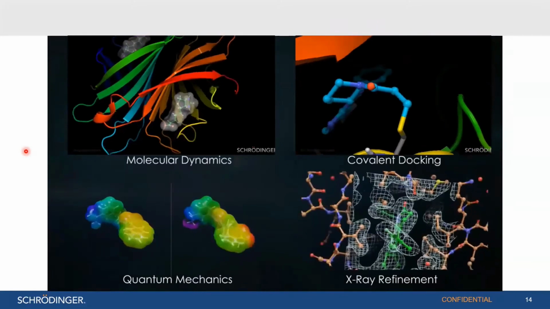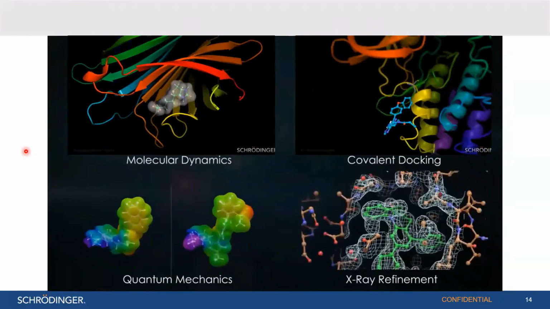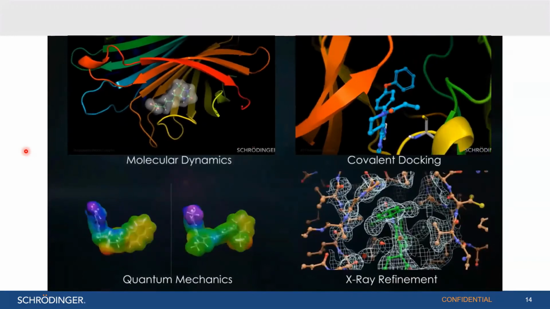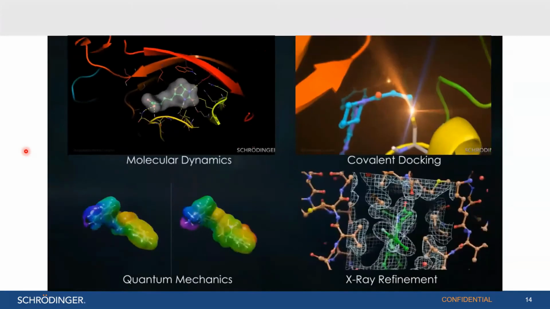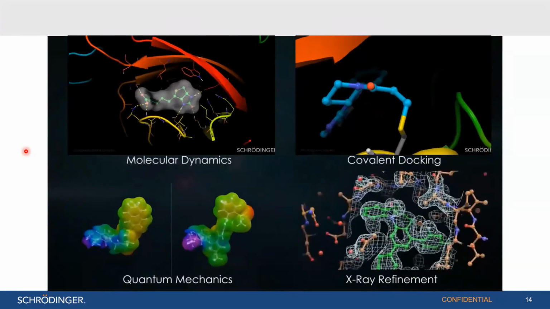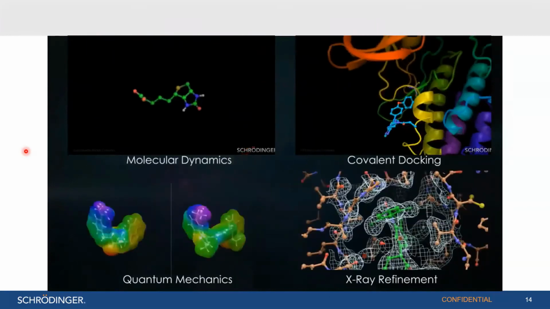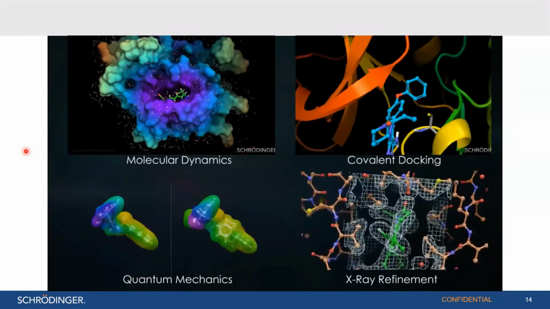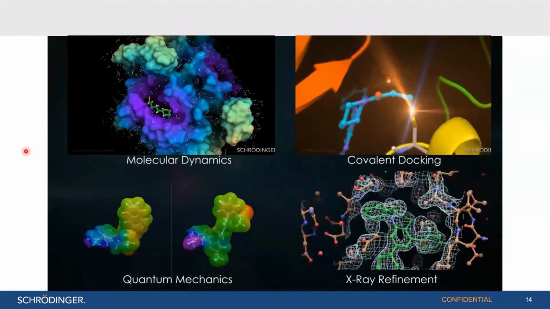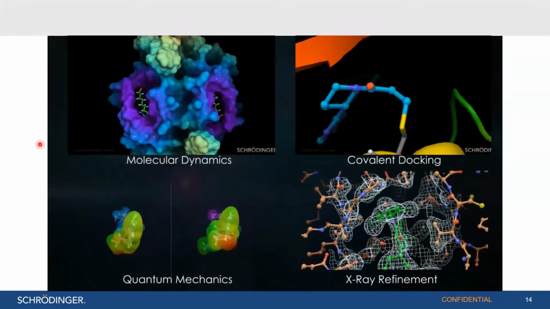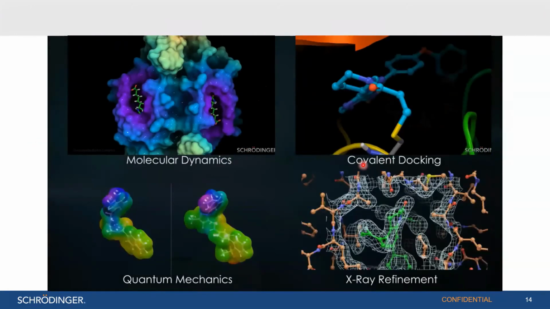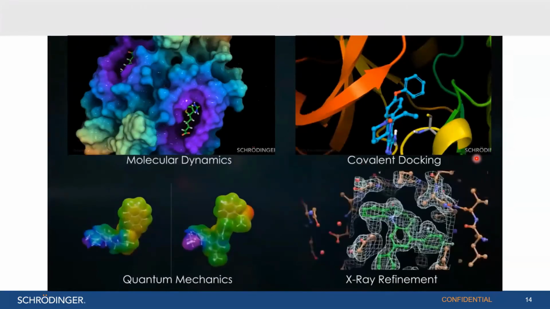Means I was talking about the structure of the lock. So you can see what conformational changes are occurring in the lock. But here the lock is moving, and you need to know how it is moving, how conformational changes are happening, how it affects the ligand binding. And not only that, you have another unique tool which is for covalent docking.